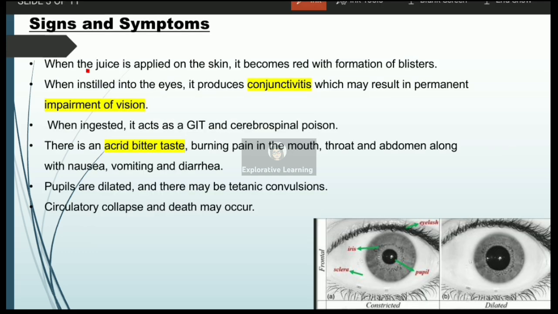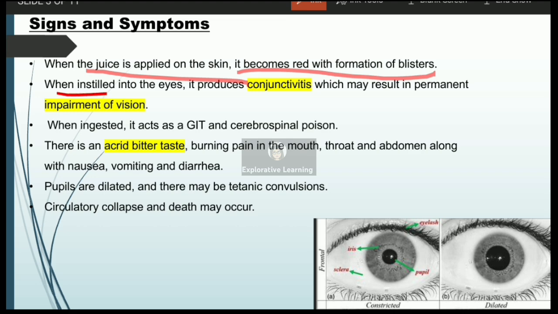Common signs and symptoms are observed from the juice of the Calotropis plant, a white milky juice that mostly comes out when the flower is plucked, or also from the leaves and other portions of the plant. This juice is equally harmful for our skin. If it is applied there, you may observe blisters, redness and rashes on the area of application.